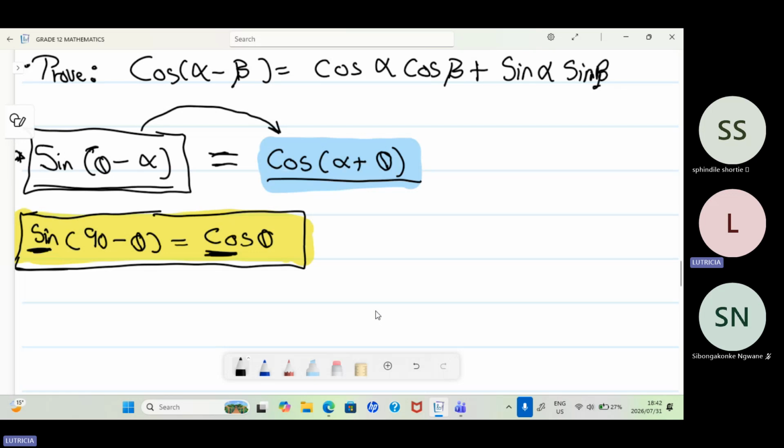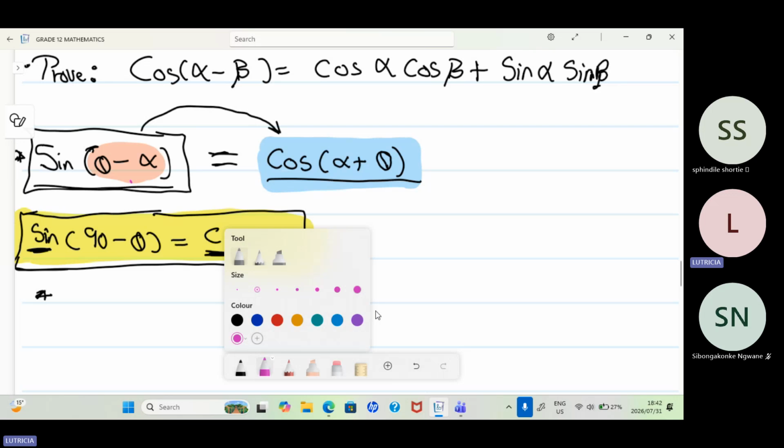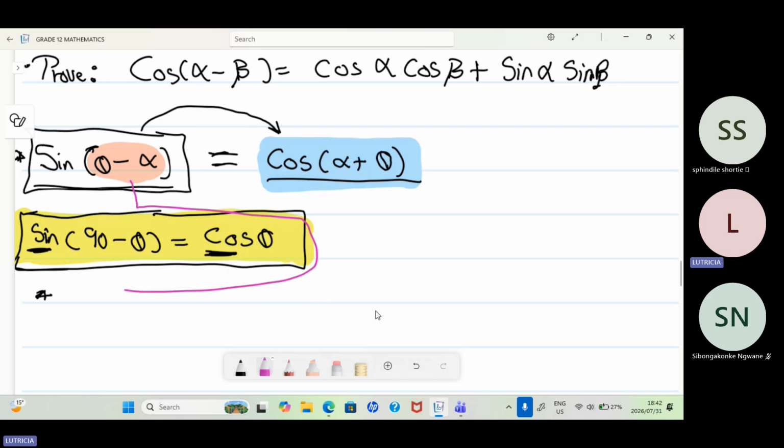So for now, let's say this angle, we'll express it as theta minus alpha. So if we express it in these terms, it's going to be sine x. Do you understand what I did here? Yes.